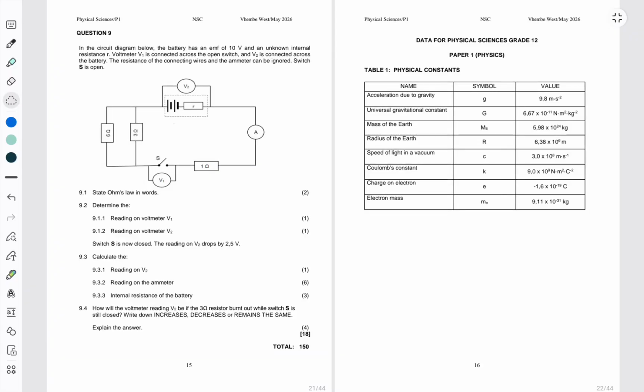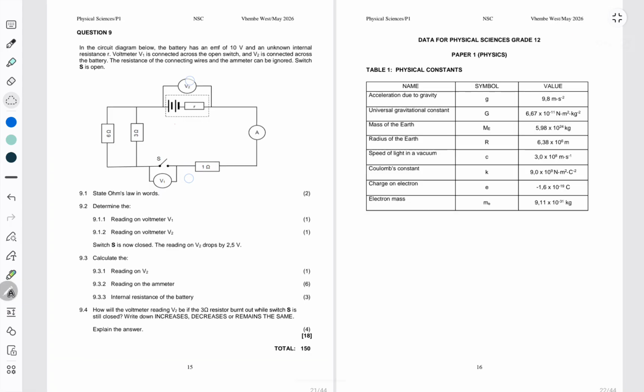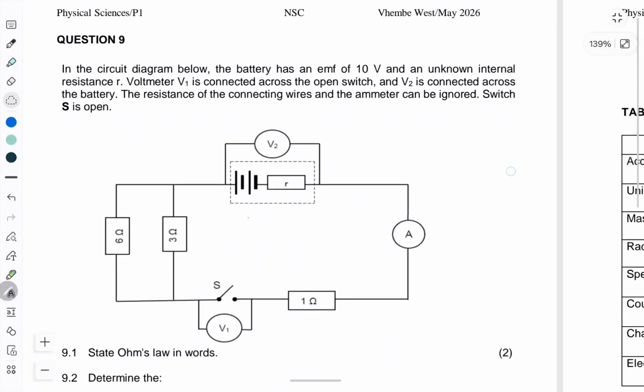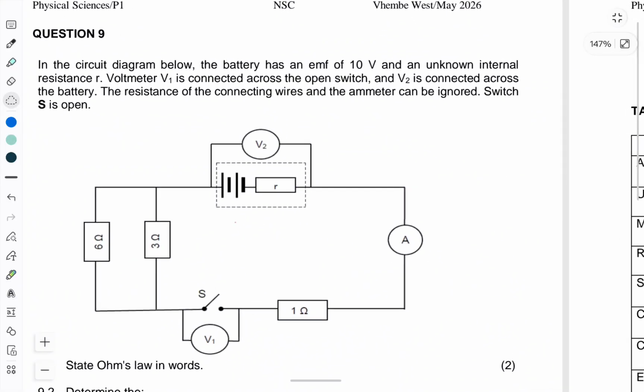Last but not least, we are with question 9. Electric circuits, or electricity. Now let's check this one out. In the circuit diagram below, the battery has an EMF of 10 volts. That's EMF, so our epsilon.